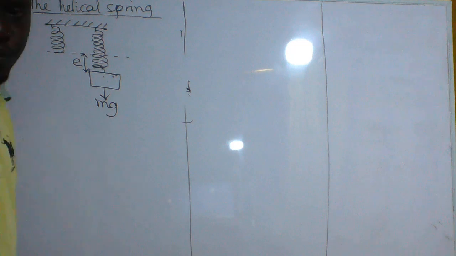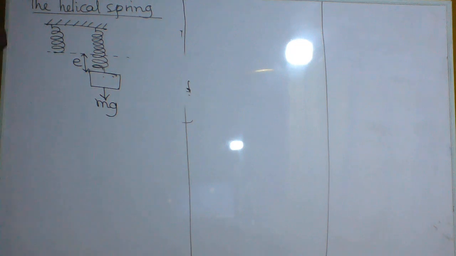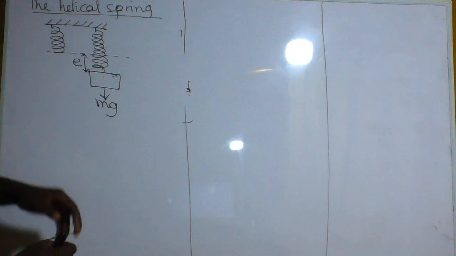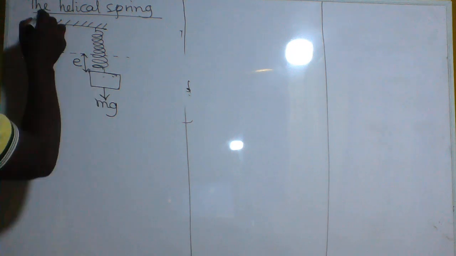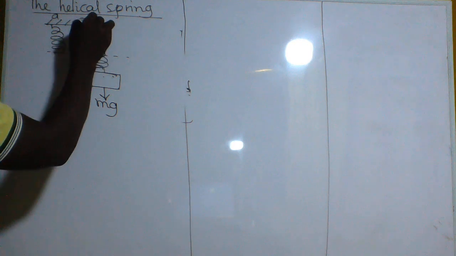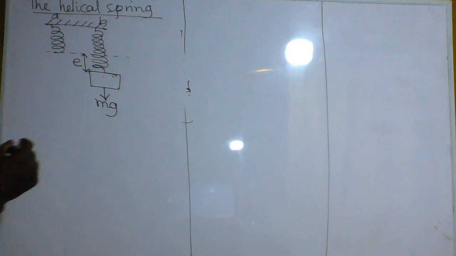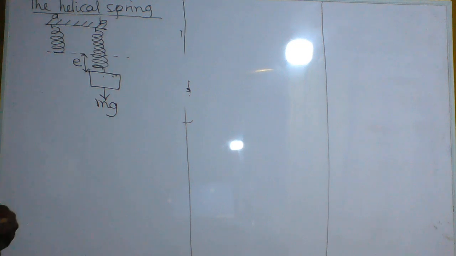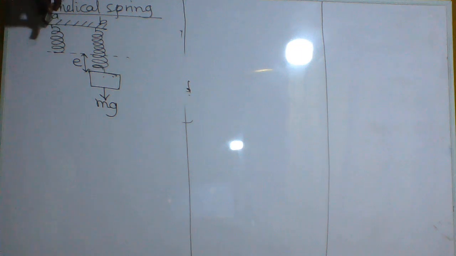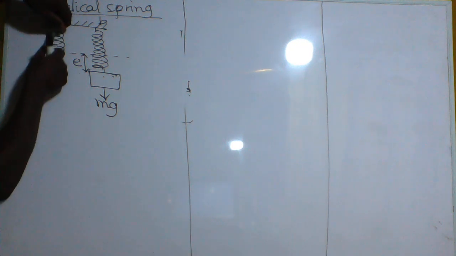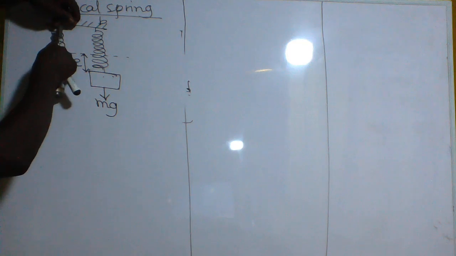Okay, the arrangement we have on the board at the moment is a spring without any load, and then B is a spring loaded. So the first one is like what I have in my hand. This is the spring without any load, and look at the length. Now we have the same spring loaded or weighted.